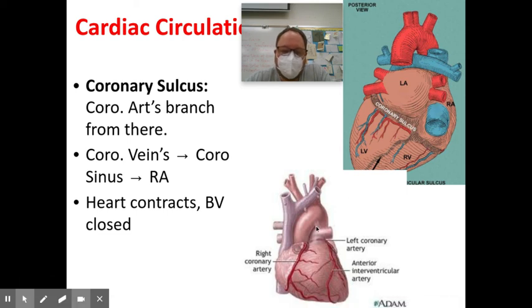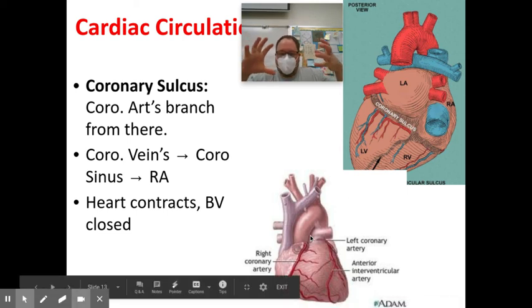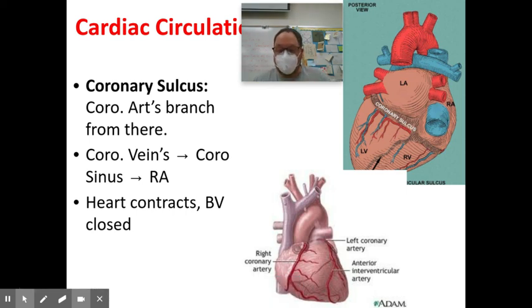Now, one thing that's interesting is that when the heart is contracting, the pressure builds, right? And that actually squeezes blood vessels closed. So as your heart rate goes up, you spend more and more time per minute with your heart contracted, and that's going to actually reduce blood flow. So everybody has sort of a maximum heart rate.